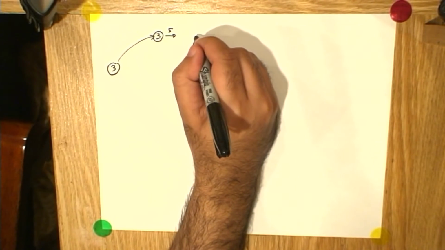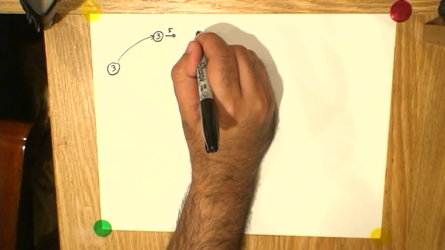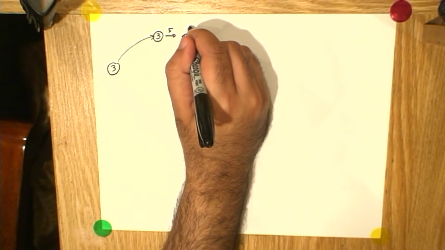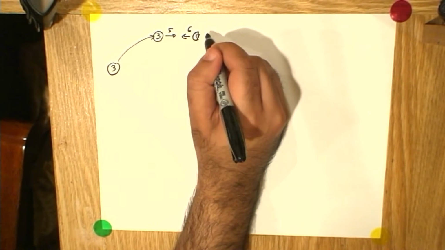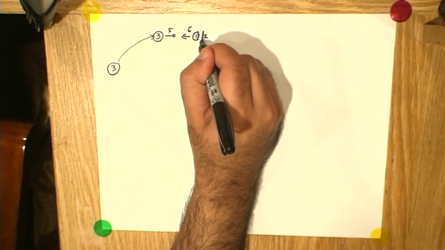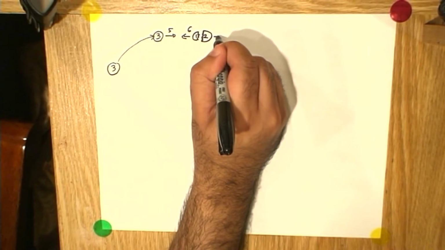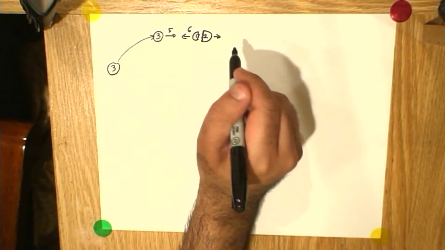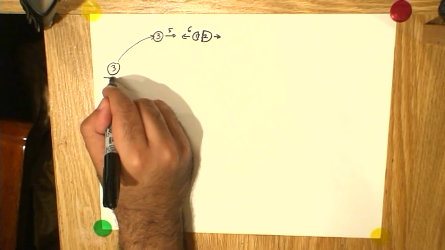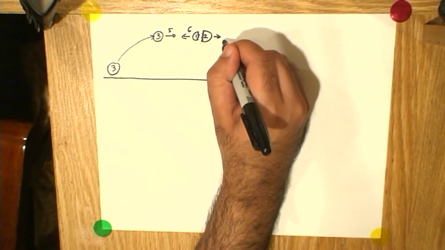Then it explodes into a 1-kilogram fragment, which is moving at 6 meters per second in the opposite direction, and a 2-kilogram fragment that is moving in the first direction, but we don't know what its velocity is. Eventually, that 2-kilogram fragment is going to land.